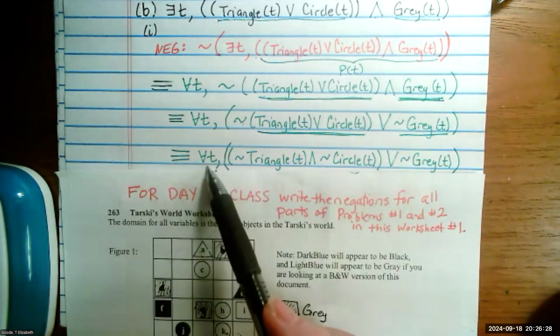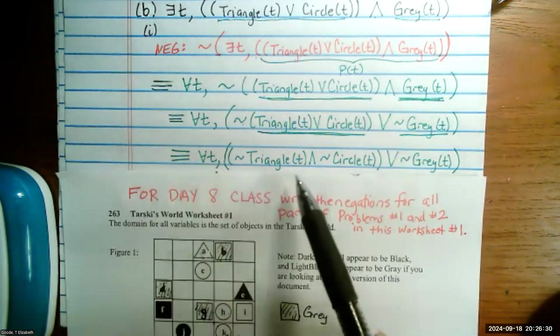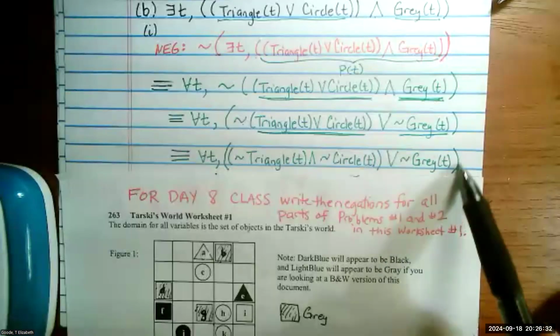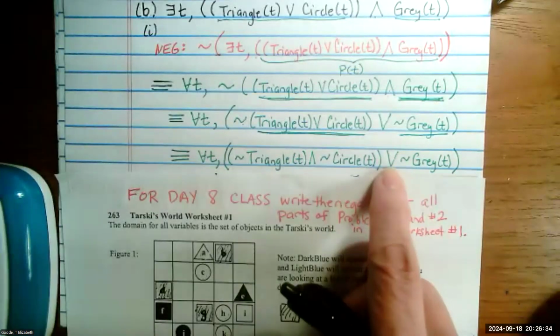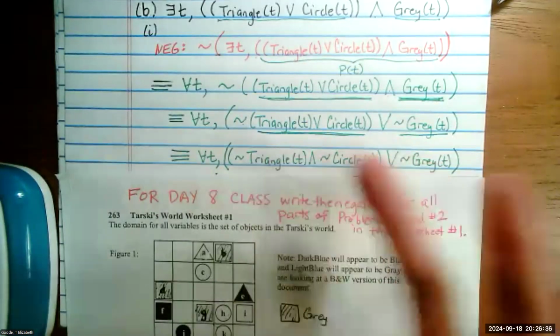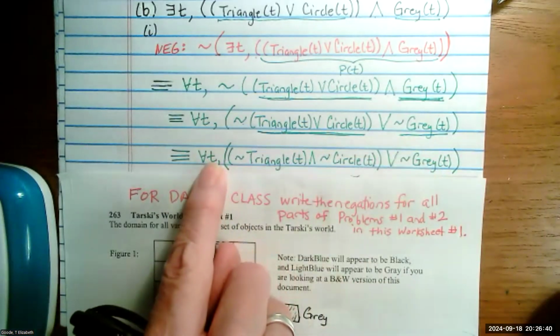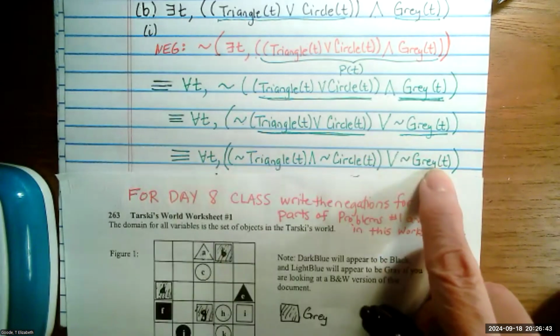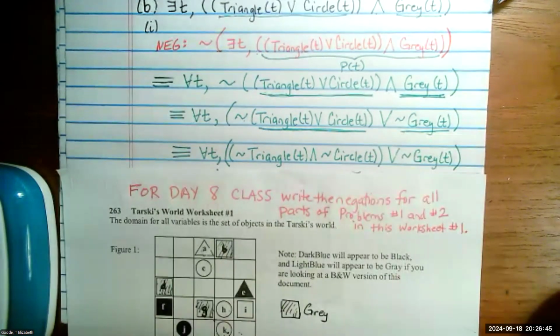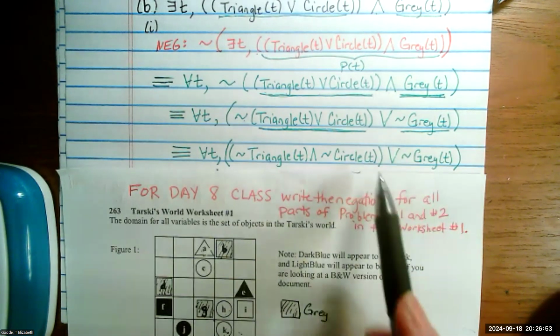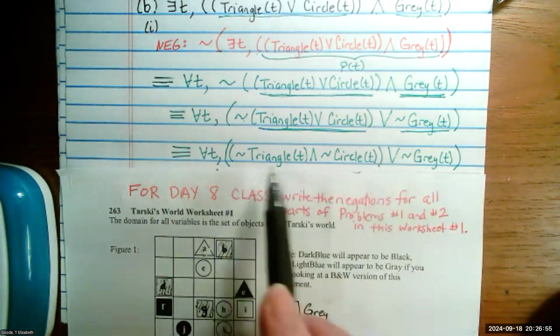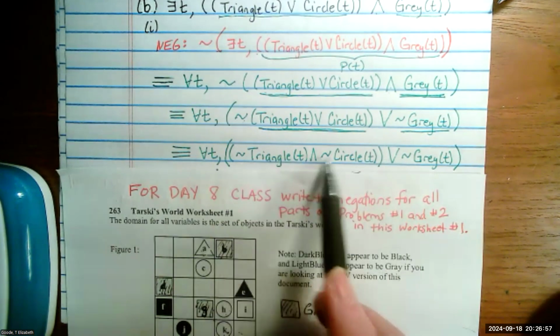In other words, for every object T, it's either not gray. I'm looking at that first because it's easier. The or doesn't care. We could put these in the other order. For every object T, either it's not gray, and that's everything except B, D, and G. A, C, E, F, H, I, J, and K are not gray, or the object is both not a triangle and not a circle.